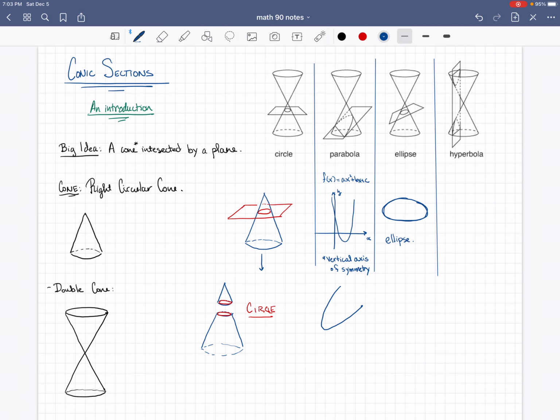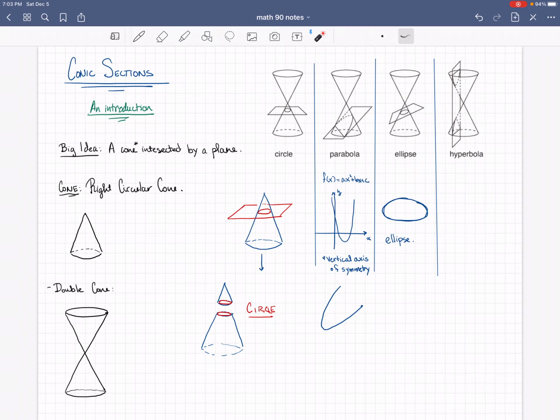And last but not least, our last conic section is the one where we're actually not ignoring the top cone. You remember in the first three conic sections, we're only looking at really one of the cones. But in the fourth conic section, we're looking at both. And we're taking the double cone and we're slicing it with a vertical plane. And what you can see is that when we do that, we end up with this two-lobe figure.